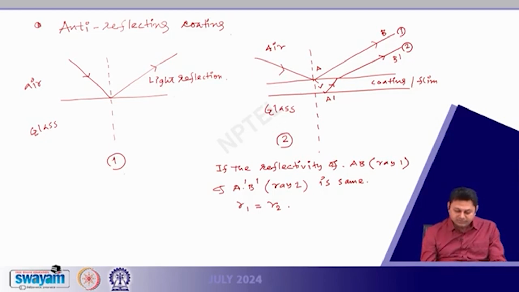This is for normal incidence. So suppose the ray falls normally, so for normal incidence.